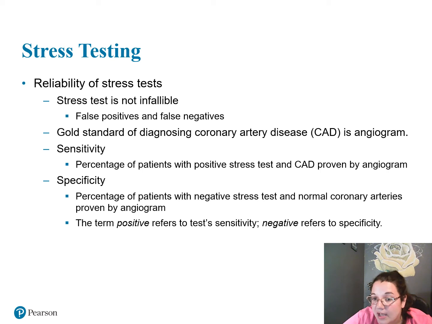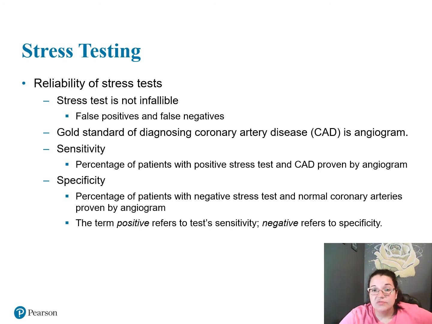The term positive refers to the test's sensitivity. Negative is specificity. This whole slide you really need to know by heart because they can ask you a ton of questions from here. What's the gold standard? That is diagnosing CAD with an angiogram. What is the sensitivity? That's the positive, and specificity is the negative, right?